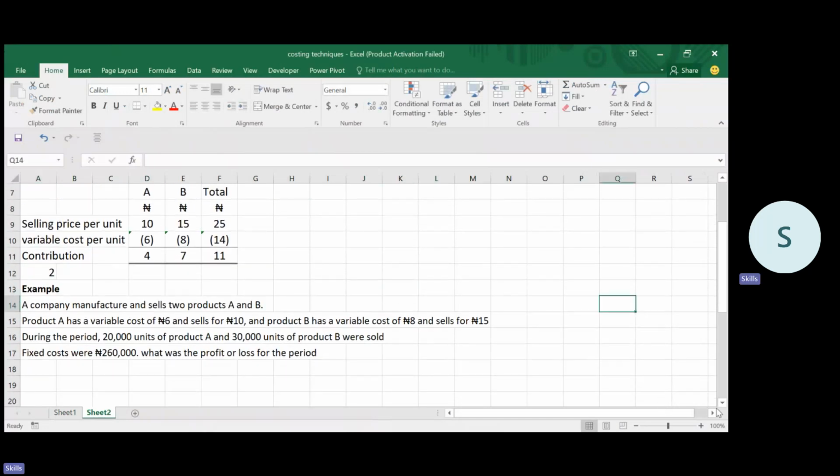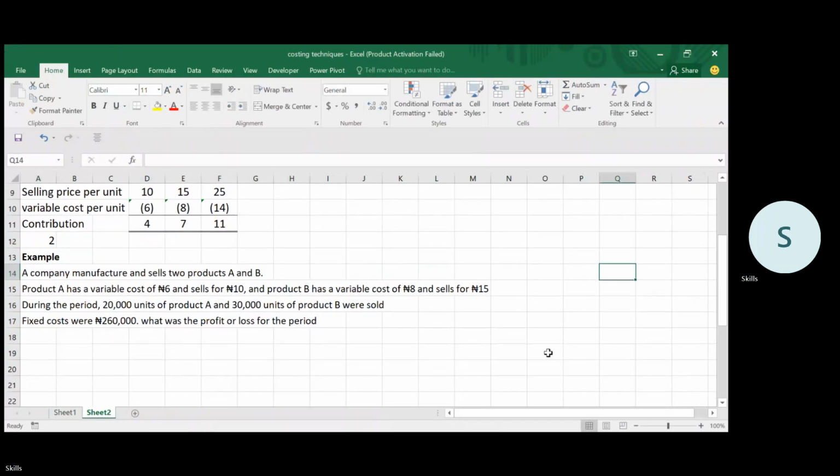So now let's see example 2. A company's product A has a variable cost, and product B has a variable cost of 8 naira and sells for 15 naira. During the period, 30,000 units of product A and 30,000 units of product B were sold.